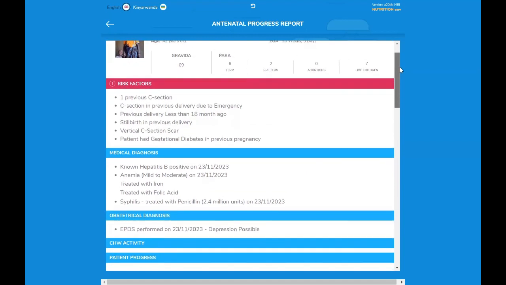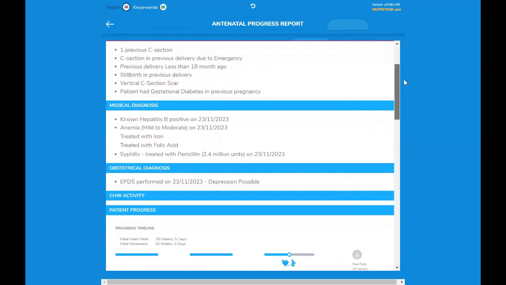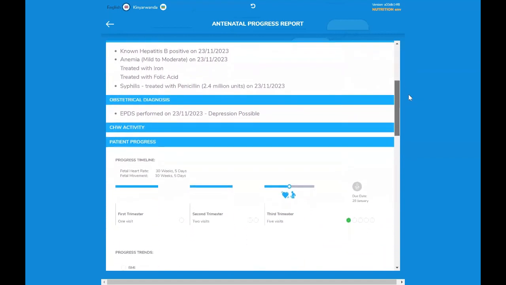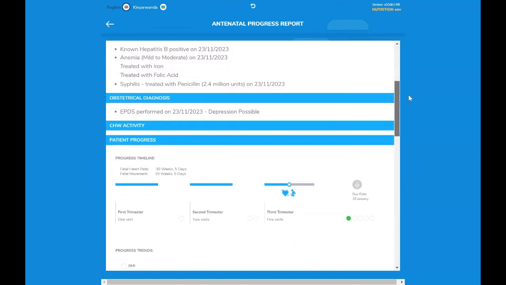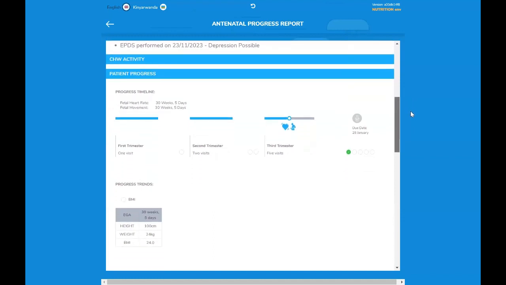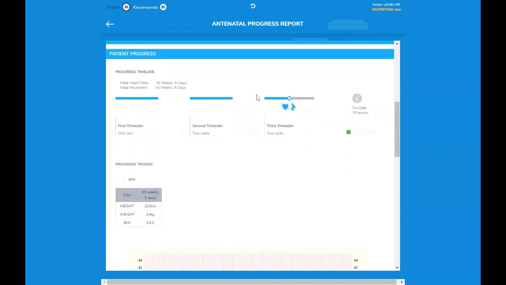It tracks all of the risk factors for the current pregnancy, her current medical conditions. It tracks whether or not she's had a maternal depression screen and what the result of that was. It also tracks any of the visits that she has had.